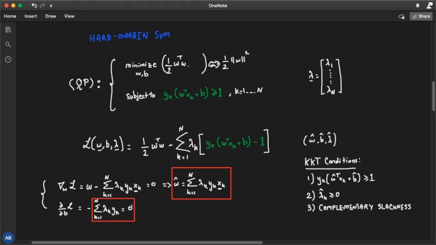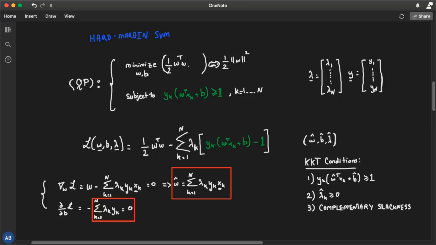Likewise over here, I get this condition, that is the linear combination between lambda and y has to be 0. That is lambda vector and my y vector. If I stack all my instances, y1 down to yn, in one vector, call it y, those two vectors should be orthogonal.